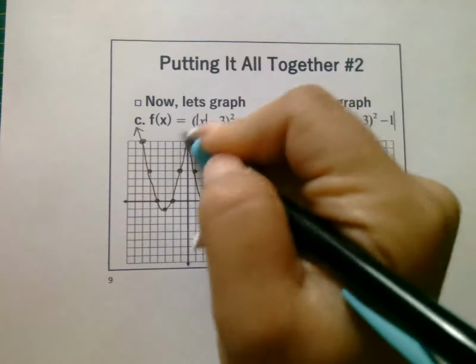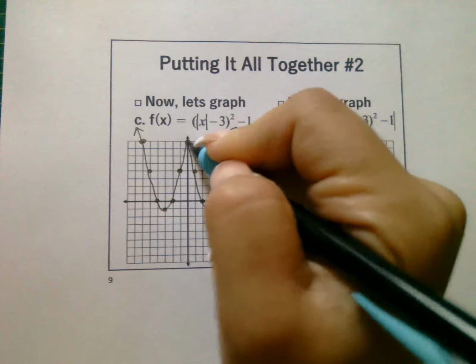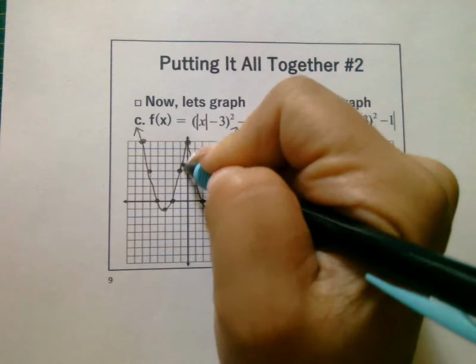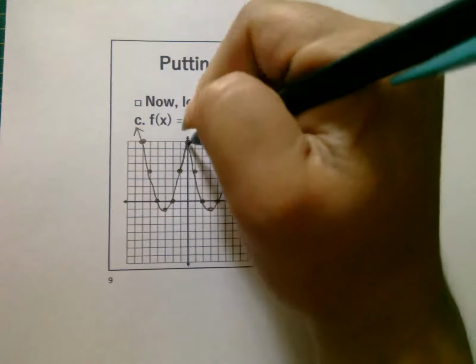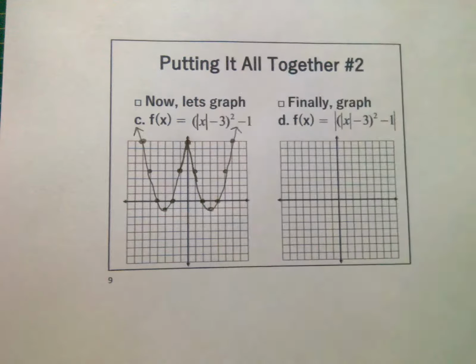Okay, so in the middle here, it doesn't go past that point. It just meets kind of at a hard V. Okay, and that is your final graph for part C.